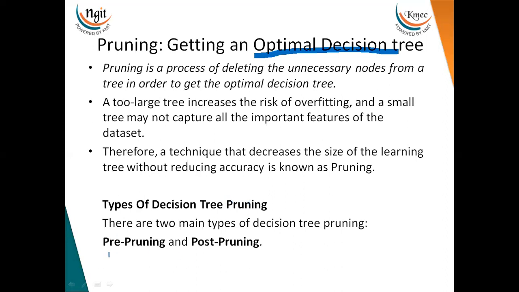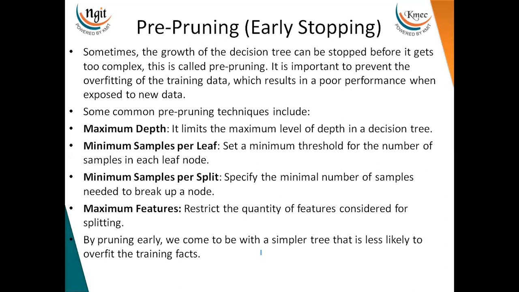So what are the types of pruning? Pre-pruning and post-pruning. As I told earlier, pre-pruning means that when you are developing your decision tree, at that time only you try to avoid some nodes. Now how can you avoid them? You can keep a threshold for the depth of your tree. If you have reached that threshold, stop.